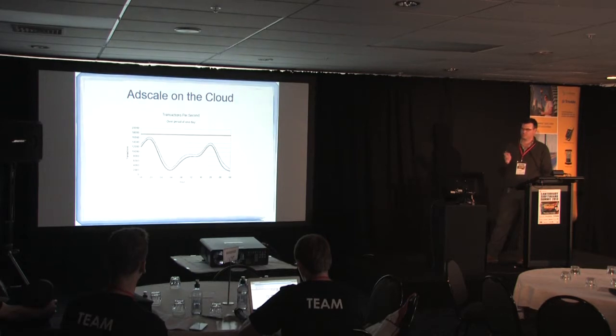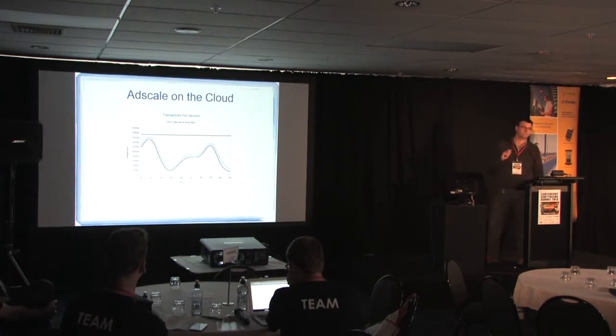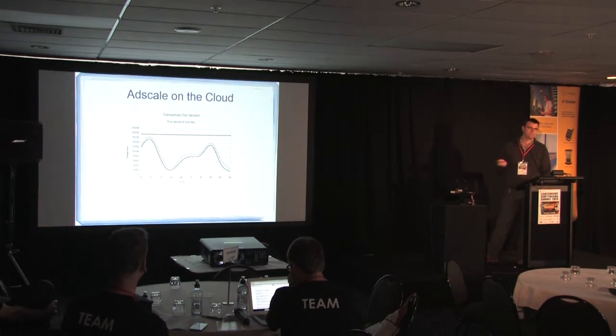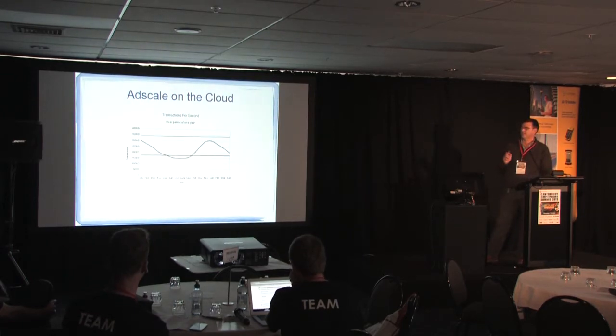But it doesn't stop there, because I've already told you that we're doing 30,000 impressions a second, but this graph is only showing 14 and a half max. That's because this graph was taken about 2 weeks ago in the middle of the German summer when everyone's on holiday. That's what our peak transactions look like over a yearly basis. As I said, we're renting this hardware on a yearly basis.